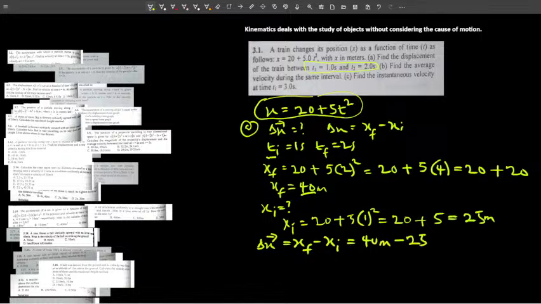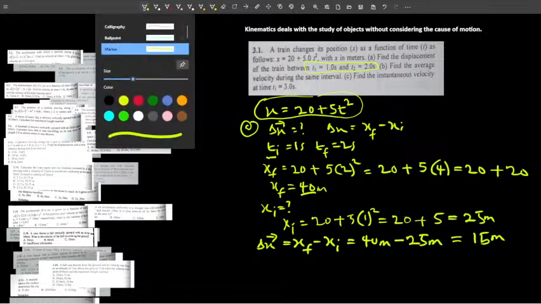We got xf as 40 meters and xi as 25 meters. Subtract, and the answer is 15 meters. I hope this is clear.